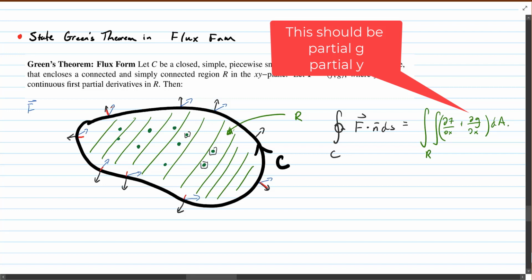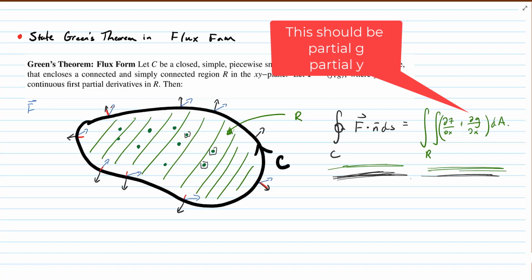And that means that sometimes when we have a double integral of this form, it may be more convenient to parameterize a curve around the region and evaluate this integral. Likewise, if we are dealing with a closed loop line integral in a vector field, and we're looking at the flux, it may be more convenient to compute the double integral, which everywhere adds up the divergence. So that's what Green's theorem says. Let's go ahead and put it into practice in the next example.